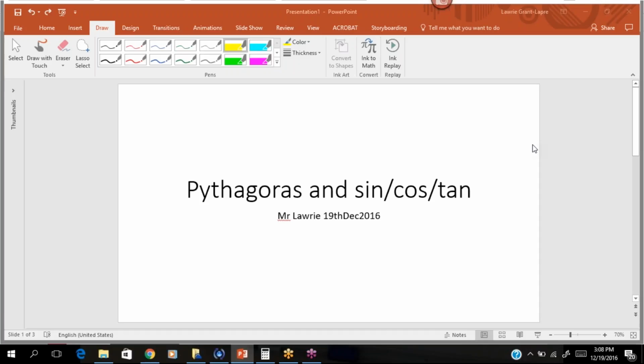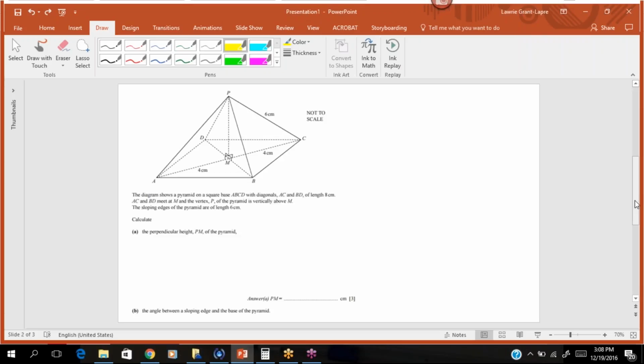This session we're looking at Pythagoras and sine, cos, tan to find the length and the angles of a right triangle. This question may look a little bit daunting initially, but really the question is only asking, if you read it, to calculate the perpendicular height and calculate the angle between the sloping edge and the base of the pyramid.